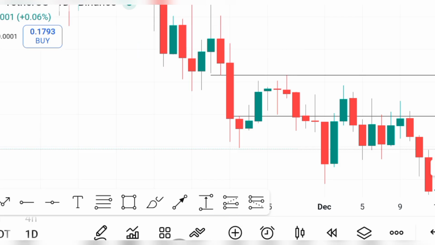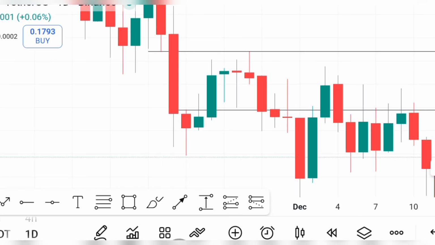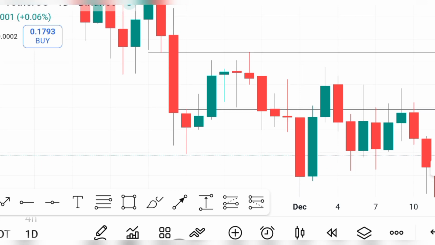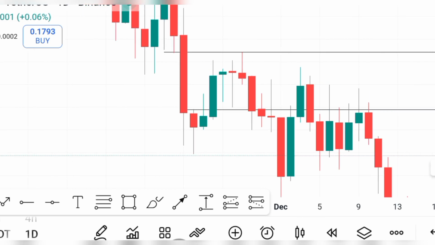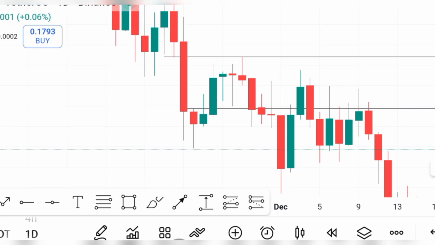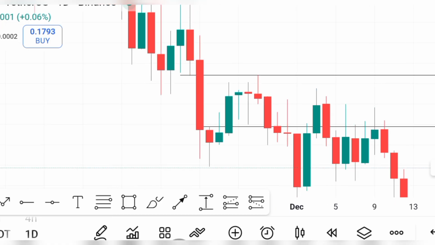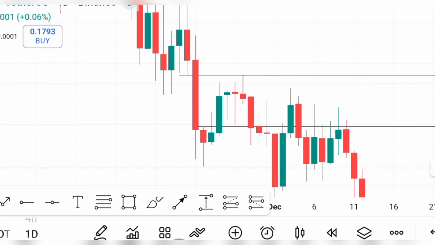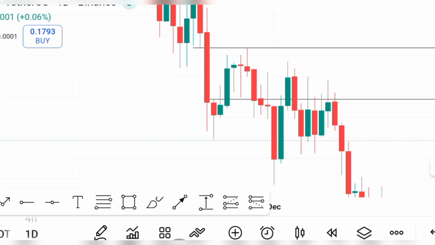You can see how the market behaves when it turns back at that fair value gap. Sometimes it fills your fair value gap, sometimes it will not fill it. So how do we know that it is time to sell or time to buy? Always we do it like this.